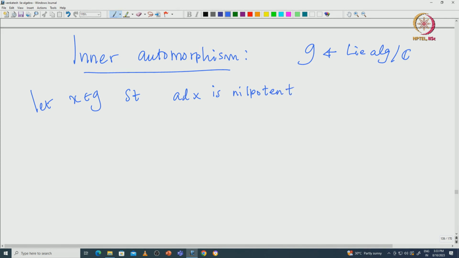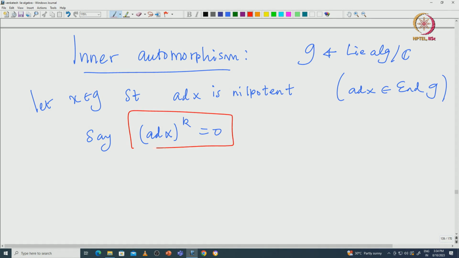Since ad x is an element of End(g), we can talk about nilpotency of that operator. So, you just assume this is nilpotent, say ad x power some k is 0. This is the assumption that we are making.